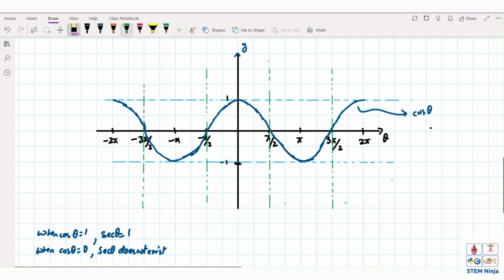So these are the asymptotes basically. So now let's see how to draw them. So when cosine is 1, the value of secant is 1. When it is -1, it is -1. However, when cosine theta is 0, the function does not exist. So it's either very low or a very high value. So it's going to look like this.